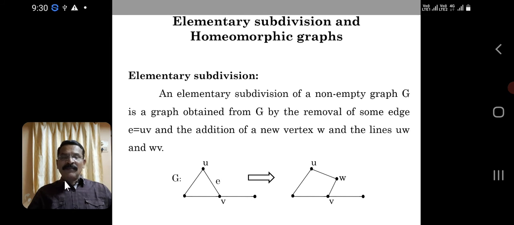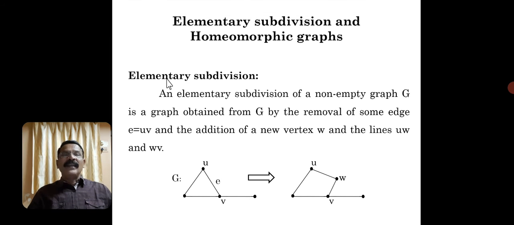So an elementary subdivision of a non-empty graph G is a graph obtained from G by the removal of some edge E equal to UV and the addition of a new vertex W and the edges UW and WV.